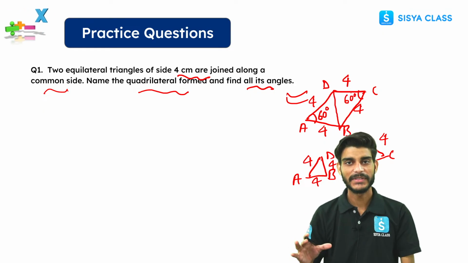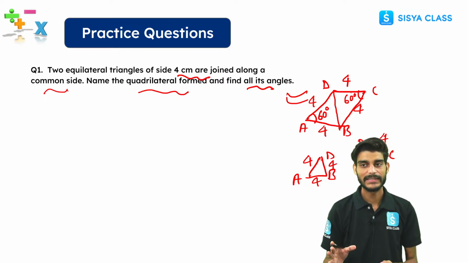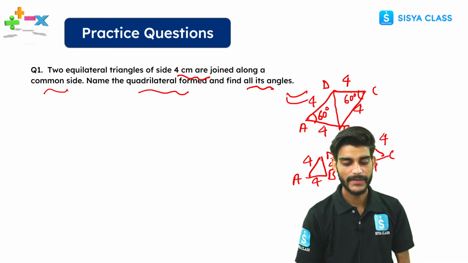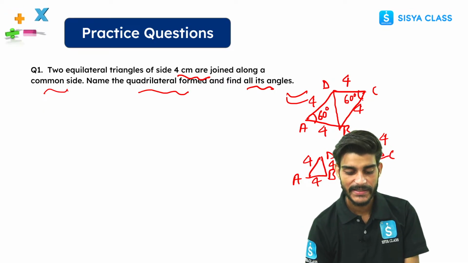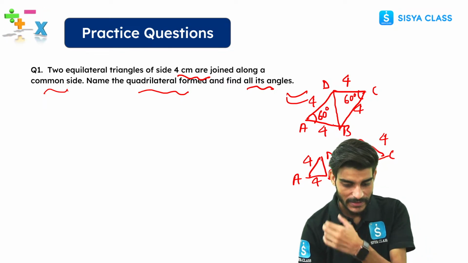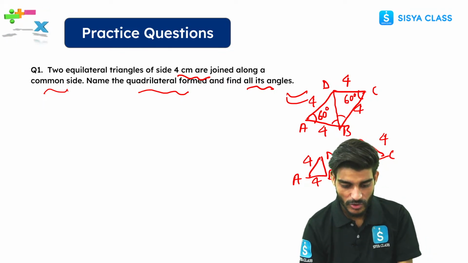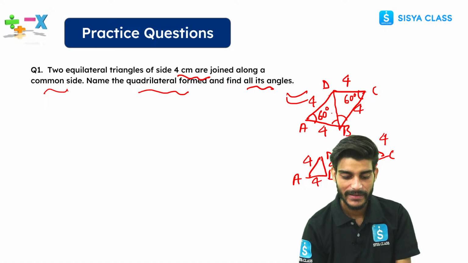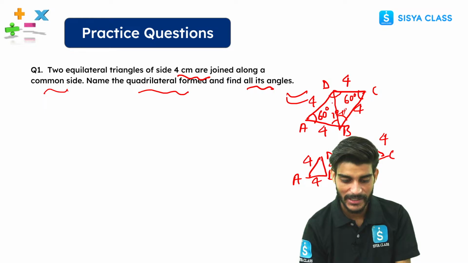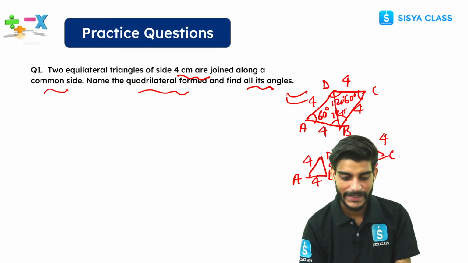Remember, opposite angles are equal here, right? So 60, 60. Now what about this one? This is 60, this one will also be 60. So 60 plus 60, 120 degrees, means this angle measurement is 120 degrees. In the same way, this angle measurement will be 120 degrees.